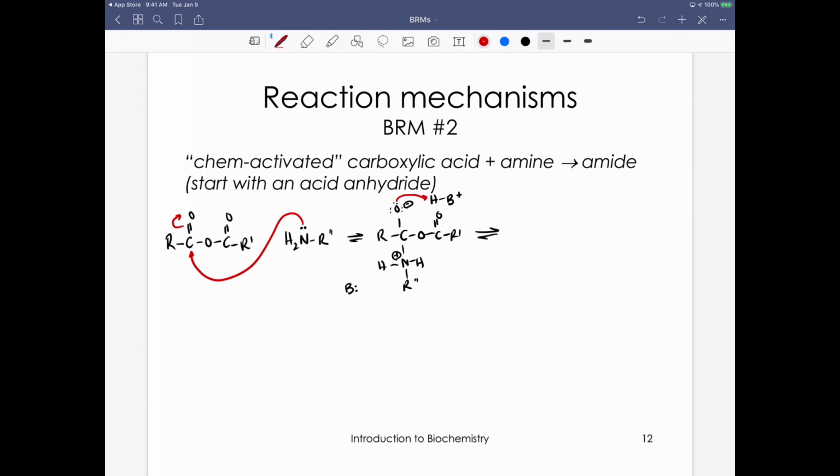So again, protonation here, deprotonation down here, generates our carbonylamine intermediate. So again, this guy here, we're going to abbreviate TI for tetrahedral intermediate. When we move and shuffle these protons around, we generate what's called a carbonylamine intermediate. So we'll draw it out here, and then we'll see why it makes sense that it's given that name.